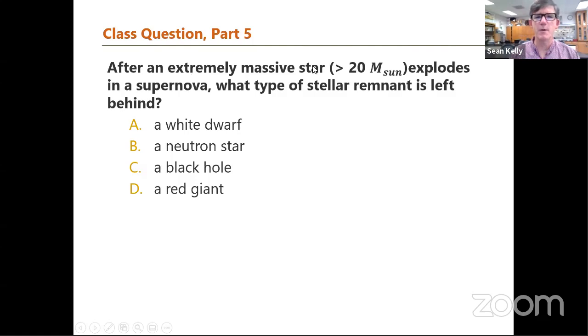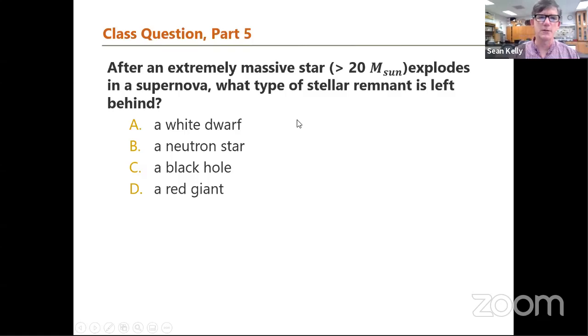But what if you had a really massive star? So the idea is that if you have a really massive star, that iron core at the end is going to be very massive. And I'll write it down in just a moment. But if you want to write it down, the mass of the core will be greater than about 3 solar masses.